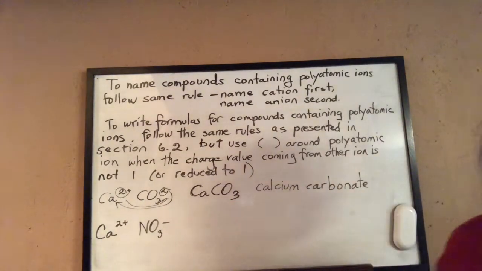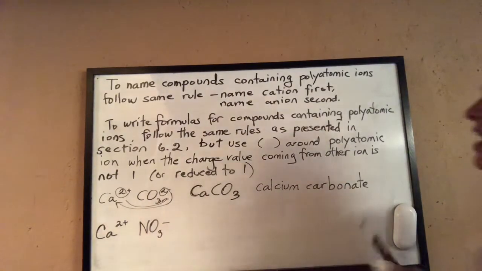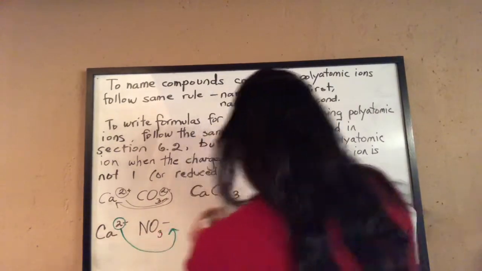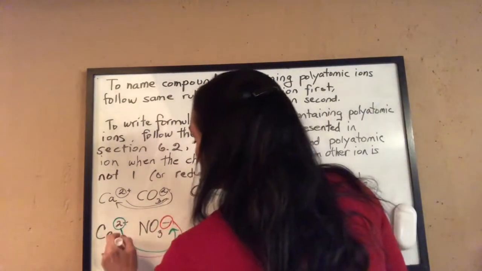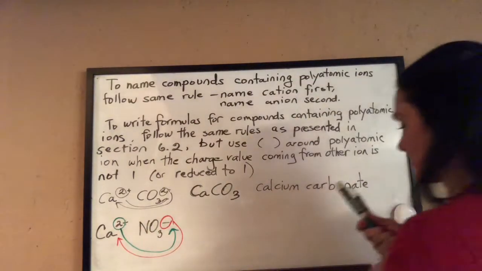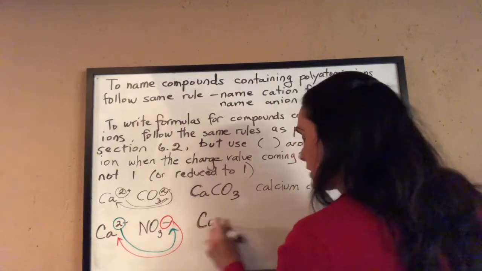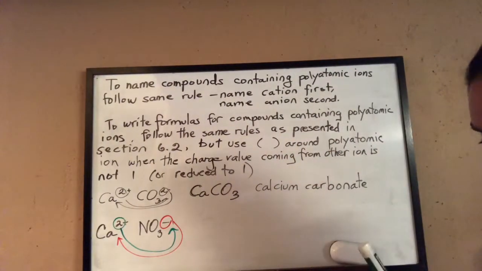But now let's watch calcium nitrate. I just gave you the name of it. The 2 from the calcium will become a subscript to the entire nitrate ion, and the 1 from the nitrate becomes the subscript to calcium. So the formula would be Ca, parentheses, NO3, 2.